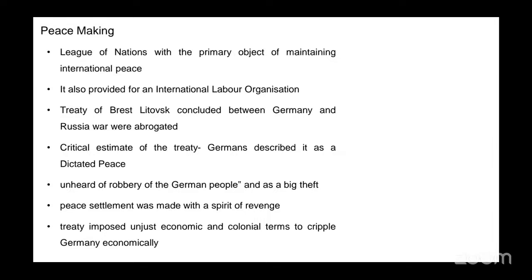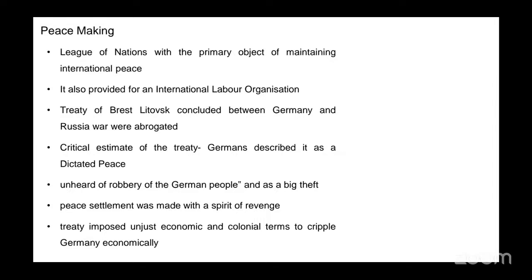So in a way it was like a dictatorship. They also called it an unheard of robbery of the German people and a big theft. And the peaceful settlement was made in the spirit of revenge. If you look at the Treaty of Versailles, it could more or less be seen as revenge for the war.